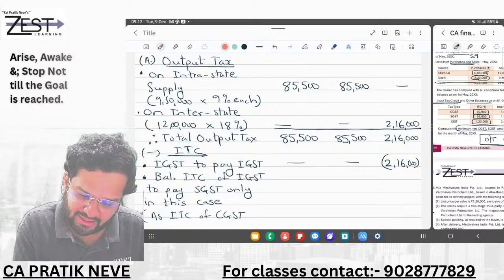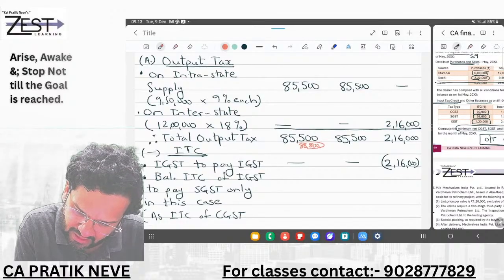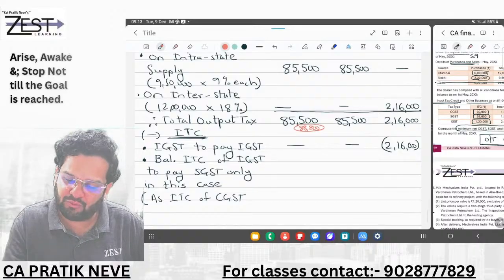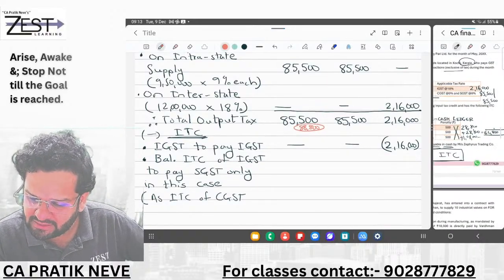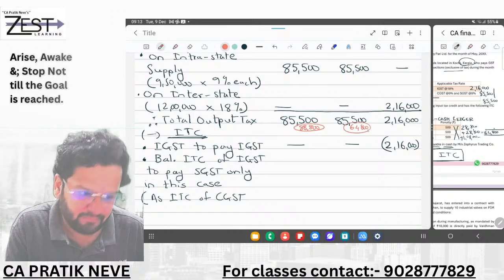Just for your analysis, I am telling you, 88,800 is the ITC of CGST. So it's very comfortable. And ITC of SGST is only 64,800. So here you are not comfortable.